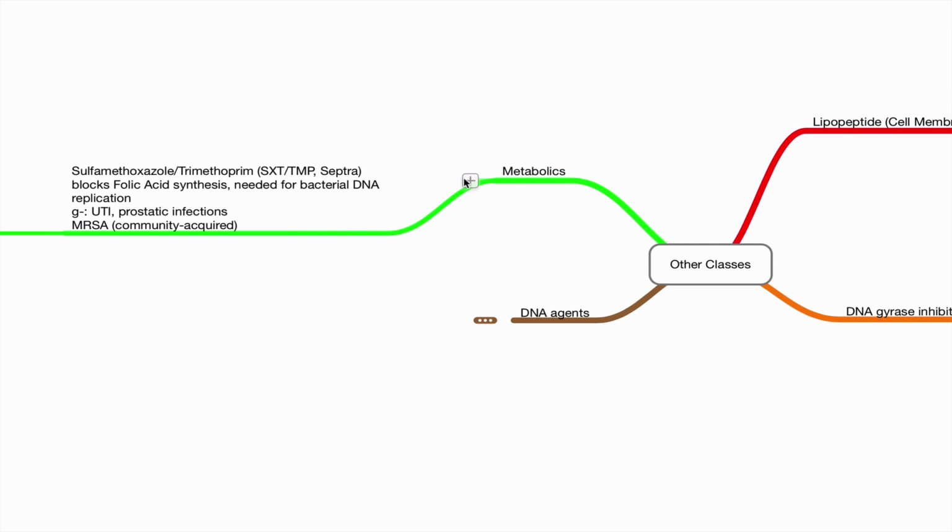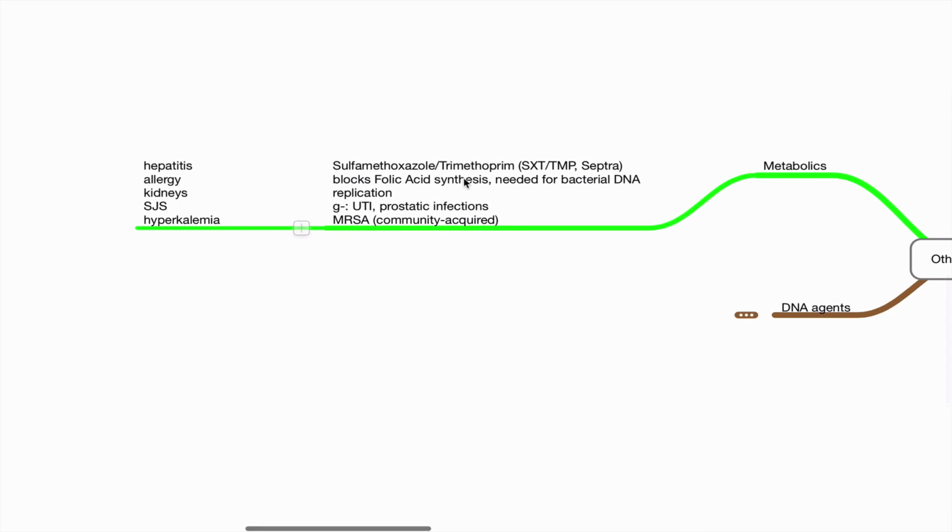And moving on to metabolics, so in this class we have Septra, so that stands for sulfamethoxazole-trimethoprim. And the mechanism here is that it blocks the synthesis of folic acid, which is needed for bacterial DNA replication.